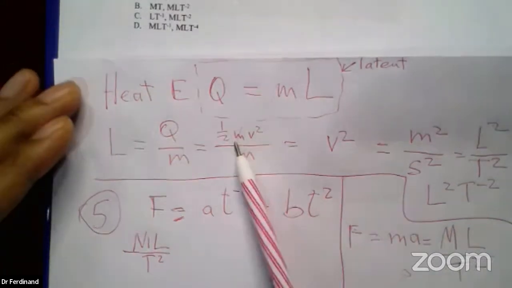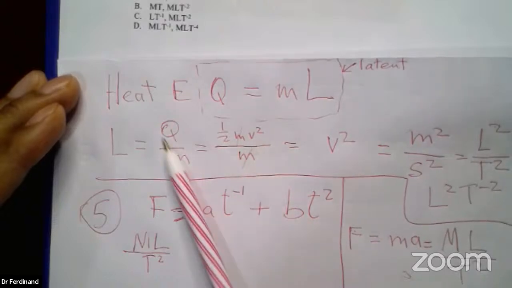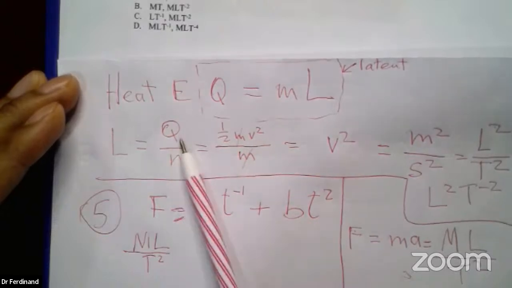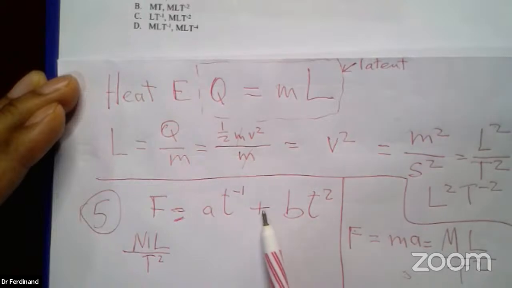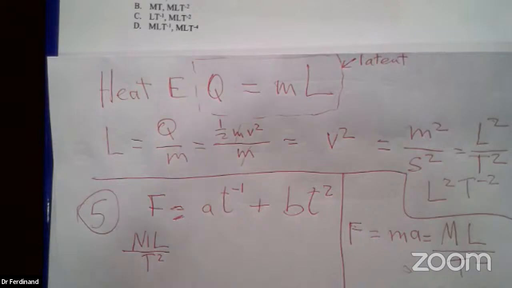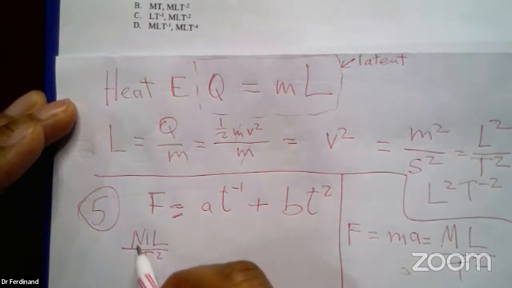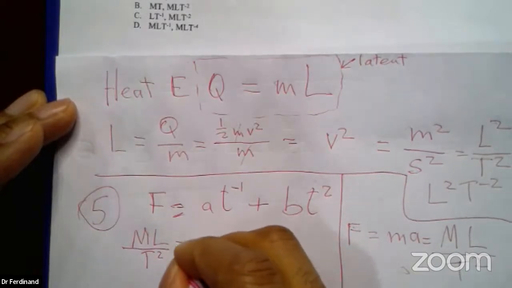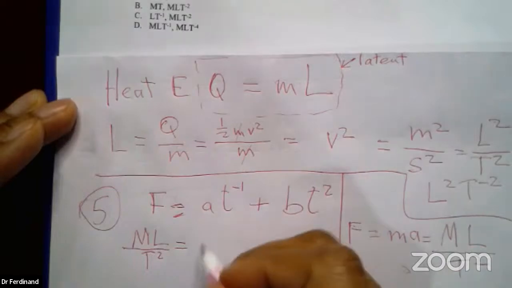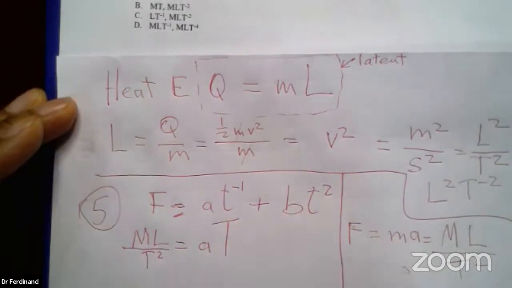Obviously, you can multiply things that have different units. You can divide things that have different units, but when you add or subtract, they must be of the same units. So I'm going to take this problem each separately. I know that this, in terms of units, must equal A time.